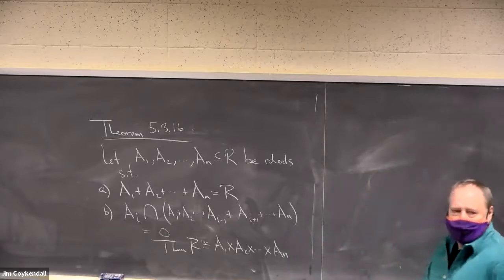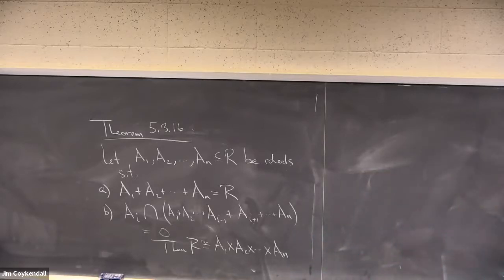We try to find out when a group is a direct product of two of its subgroups, or more generally n of its subgroups. Well, when you put all the groups together and see what they generate, you get all of the group, and there you go. And when you intersect any one of the groups with what's generated by what's left over, you get 0. Then the group is the direct product.